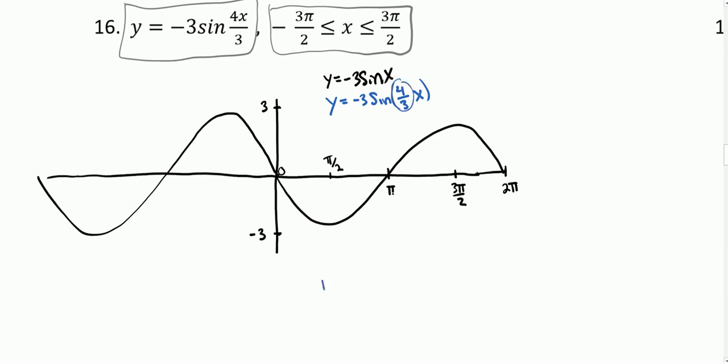So when I take pi over 2 times 3/4, I get 3 pi over 8. When I take pi times 3/4, I get 3 pi over 4. 3 pi over 2 times 3/4 is 9 pi over 8.